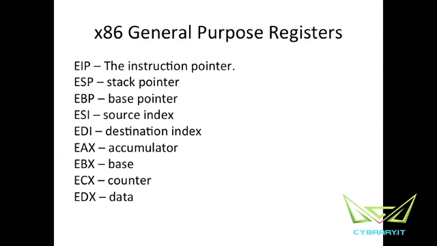And again, there will be an exercise that uses ESI, and we'll see the other ones as we look at memory and look at what's in the registers, but really the only three that are very important to us, and that we need to know what they do, are those top three: EIP, ESP, and EBP.